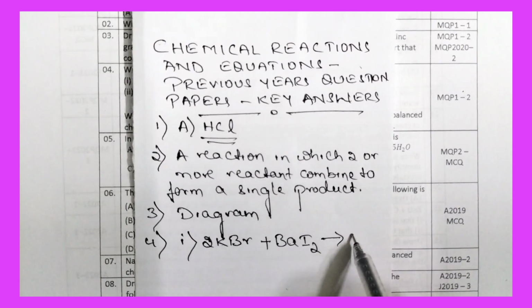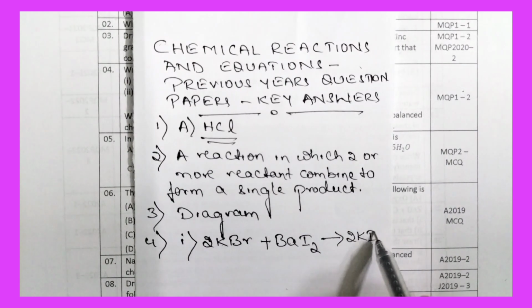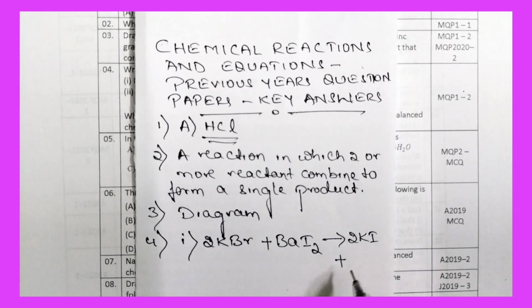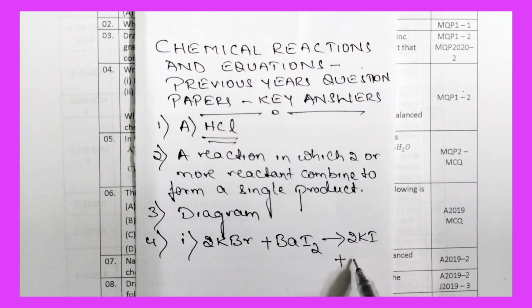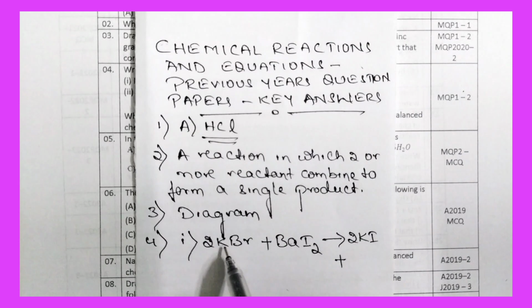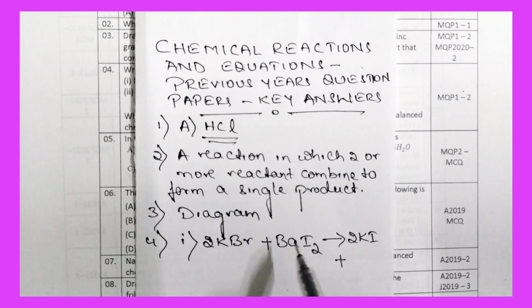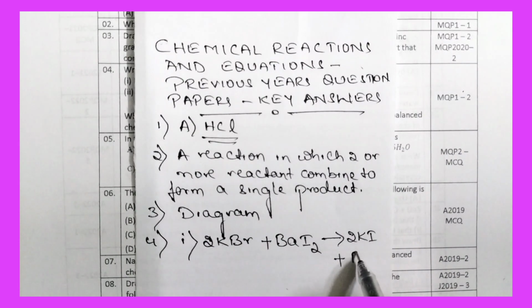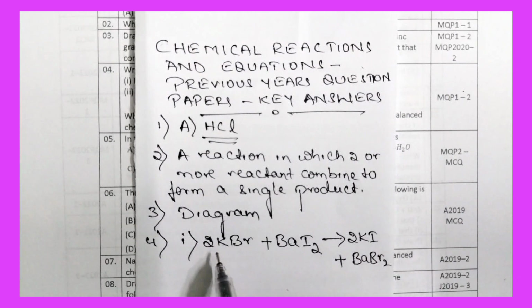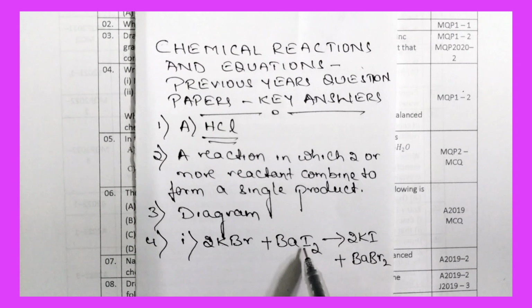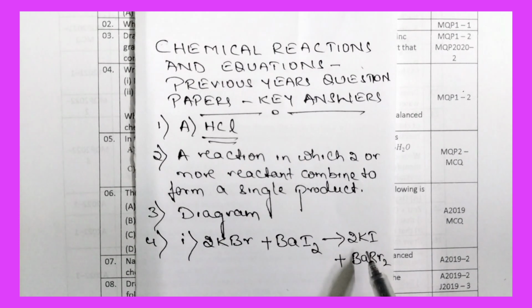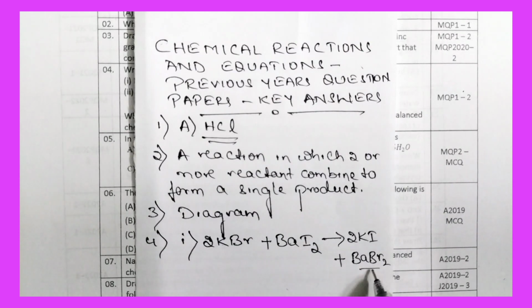It forms 2KI plus BaBr2. So potassium bromide when it reacts with barium iodide forms potassium iodide and barium bromide.